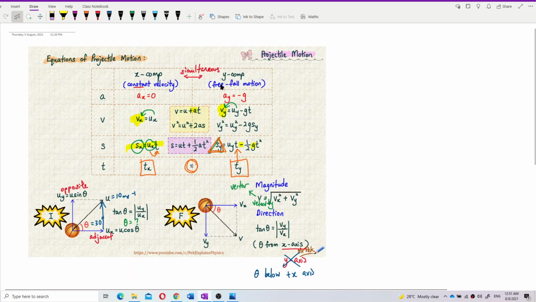From the y component, you can get the time, and use that time in the x component to find, let's say, the horizontal displacement. So either from the x component find the time, go to the y component, or from the y component find the time, go to the x component. That's the main process for projectile motion. Okay, let's continue to the next video.